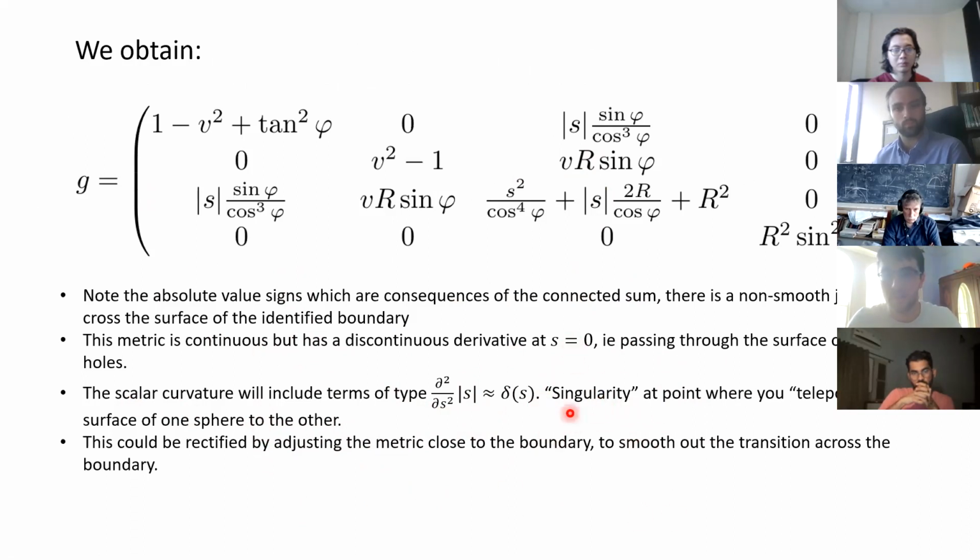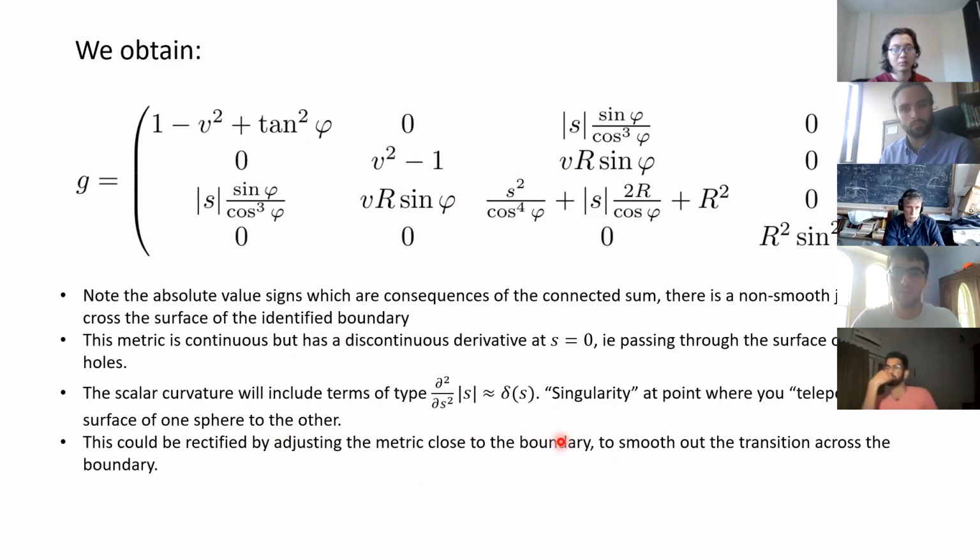So you could loosely call that a singularity at the point where you teleport from the surface of one sphere to the other. So there's a singularity in the curvature that comes out from gluing these two metrics together, if you want the metrics to be flat on either side.